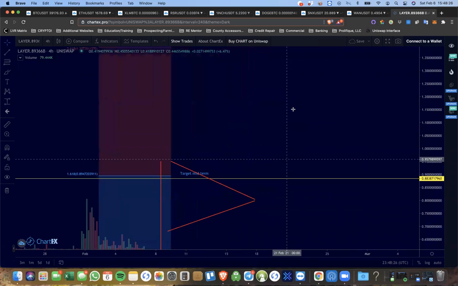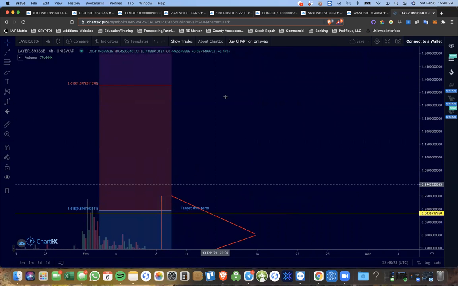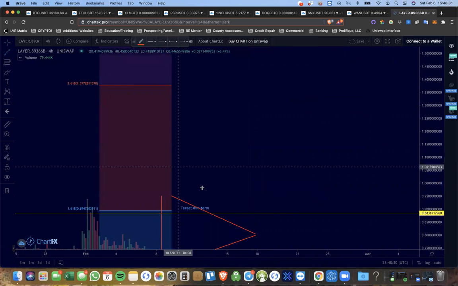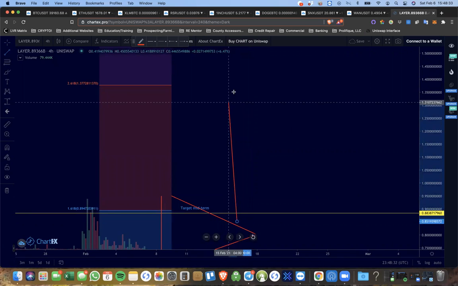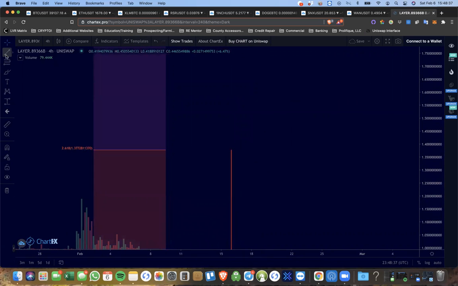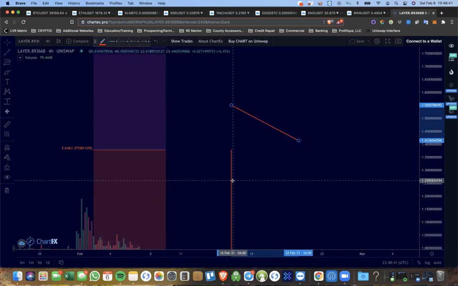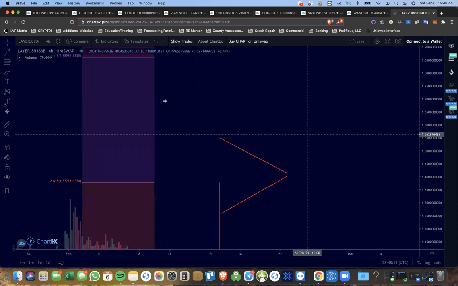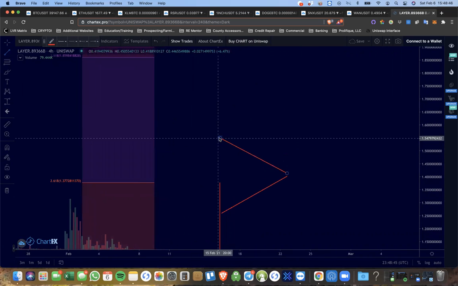Right? And then it'll go up with enough juice. Take it right here, right? You get another bull flag. All these are opportunities, and this could not happen as well.